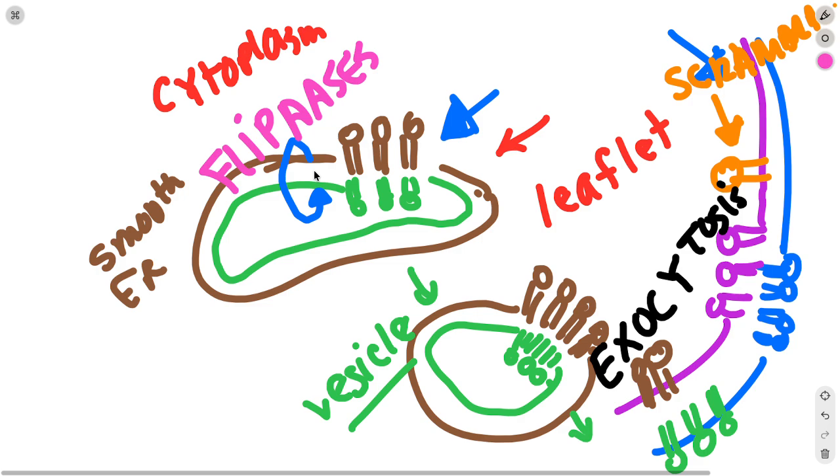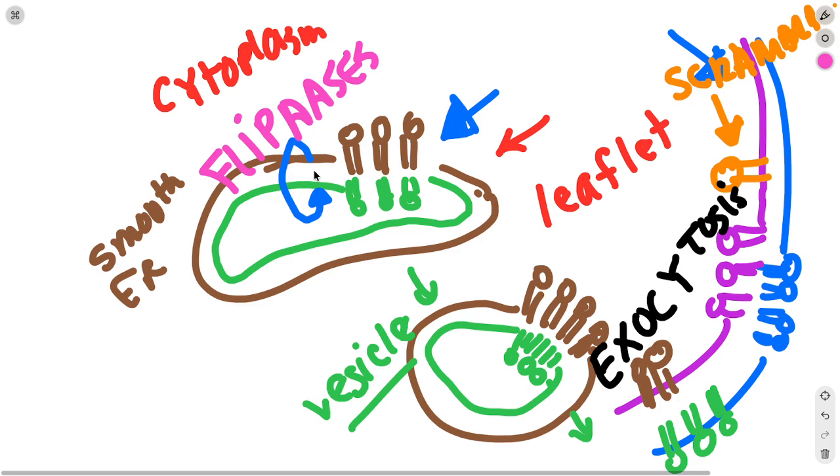Flipase and scramblase are such great terms that they have names, like that's a protein, but they can also be kind of the verb in the sentence, like we're gonna flip you, we're gonna scramble you, like that. So it's unfortunate, and that's the reason why we don't want to dive into this story very much, because the naming of the proteins that do the switching of the phospholipids isn't clean and satisfying.